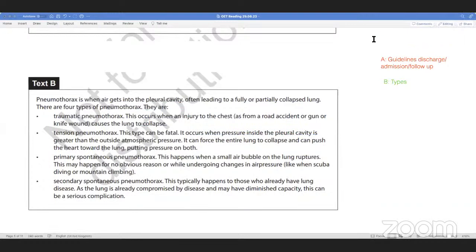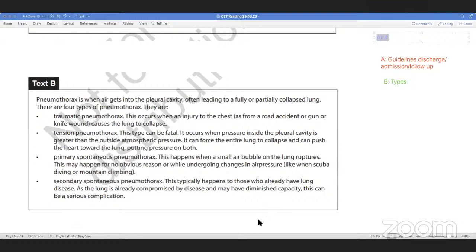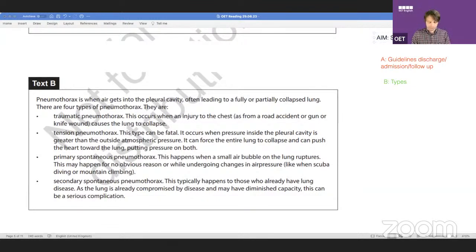To write all of these. What are we trying to do when we find the main idea? What's the aim? We're trying to separate the texts, guys. Yeah, separate the text. What does separate mean? Differentiate.